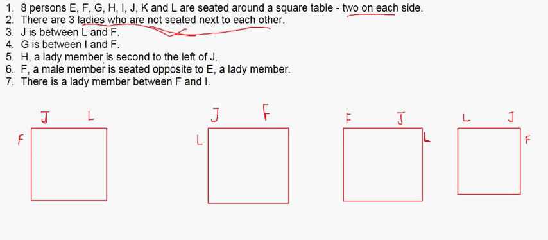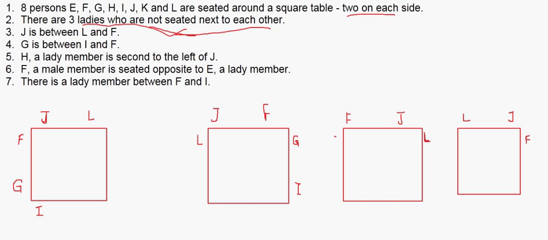Now let's go to statement 4, which is G is between I and F, right? So G is between I and F. Here G is between I and F, something like this.